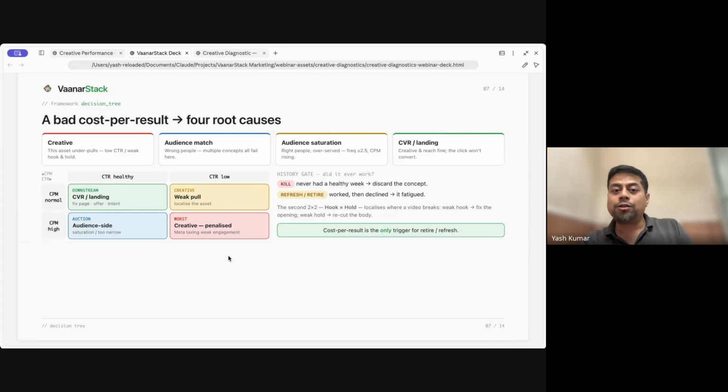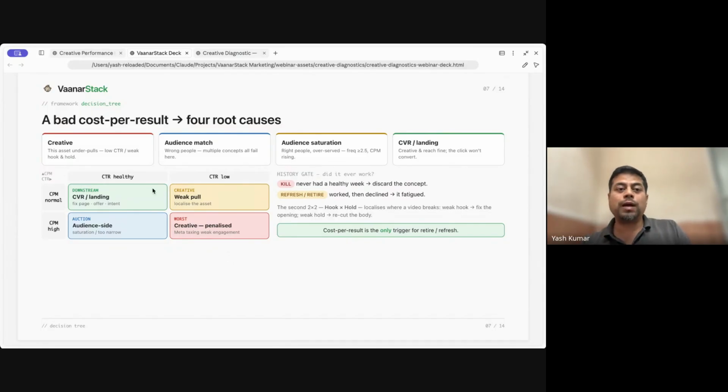Audience saturation is right people, but overserved, where the audience was right, but you served it too many times. Frequency is the biggest indicator, or a rising CPM is an indicator of that. And fourth is the conversion rate. So these are different factors or different causes of why cost per result could be bad.